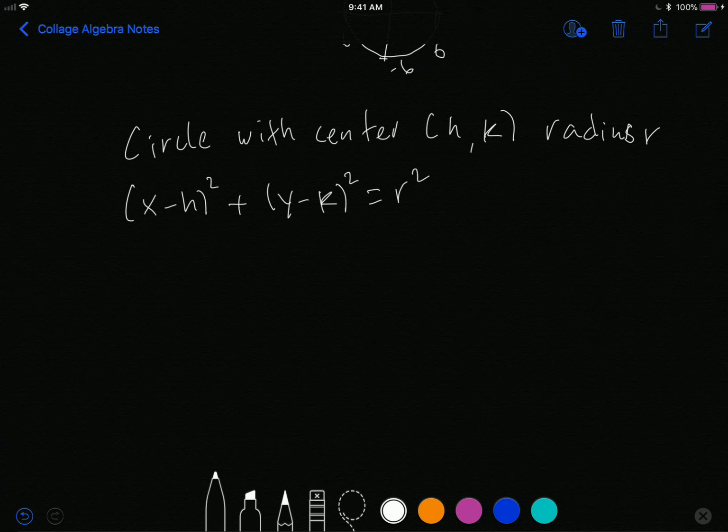Again, note here that the equation looks almost exactly the same. The only difference is the introduction of the change to the new center, the h and k.